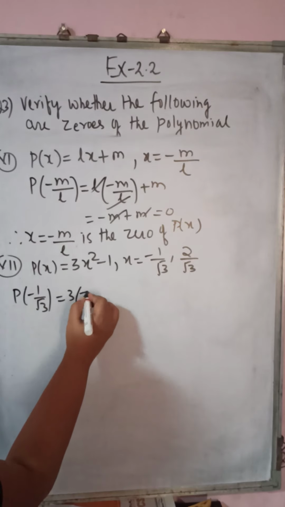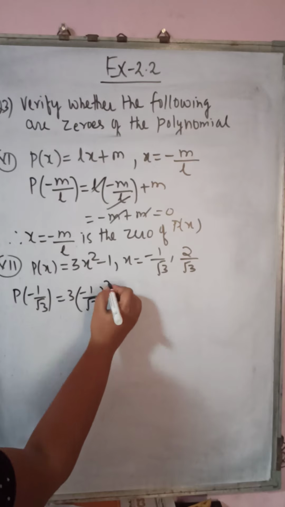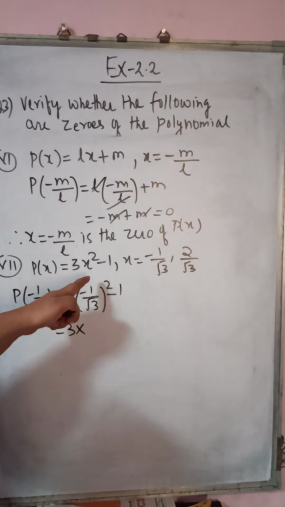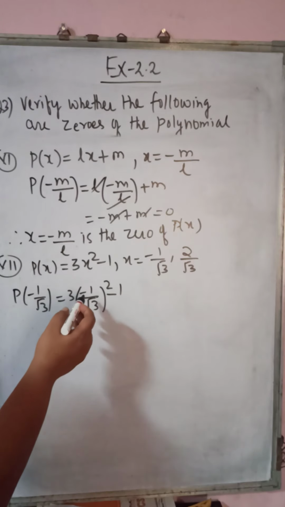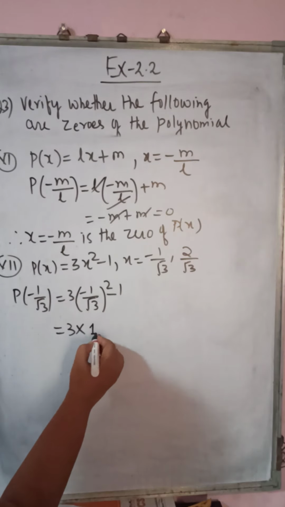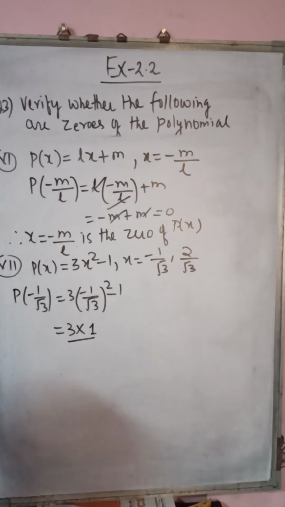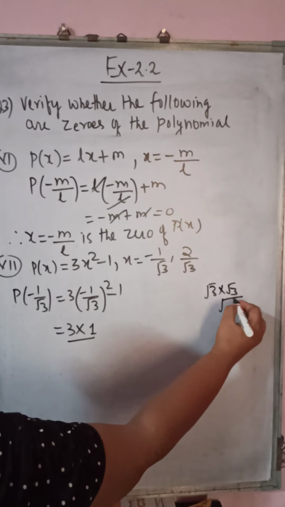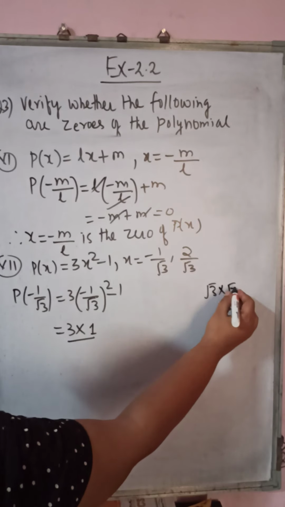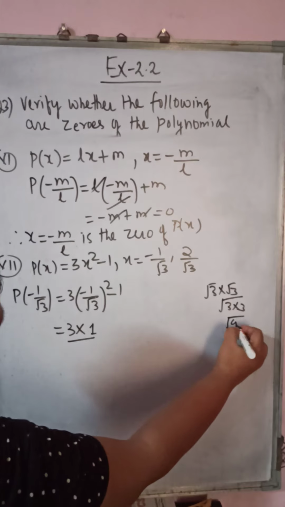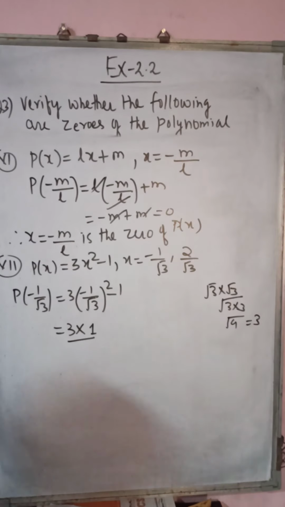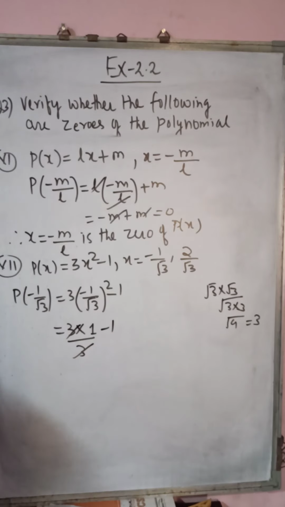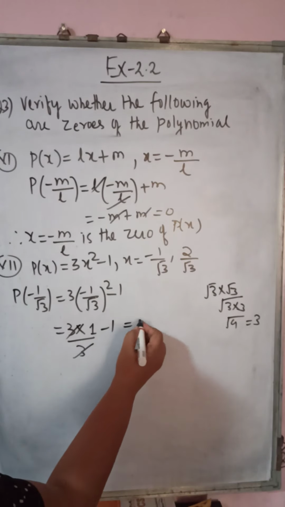So 3 into (minus 1 by root 3) square minus 1. So 3 into, what is minus 1 whole square? Minus 1 into minus 1, which is equal to plus 1. And what is root 3 whole square? Root 3 into root 3, which is 3. So root 3 square is 3, minus 1. So this 3 can get cancelled, and 1 minus 1 is 0.